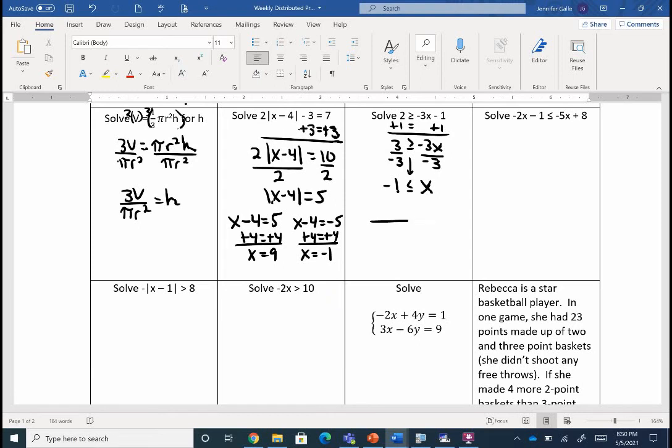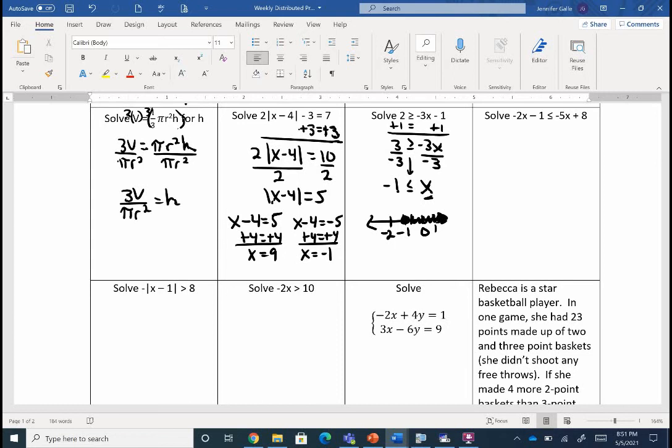When you solve an inequality, you also need to graph the solution on the number line. So at negative 1, we have an equal to, so we're going to have a closed circle. Some values that I could put in for x so that inequality is true would be 0, positive 1, positive 2.